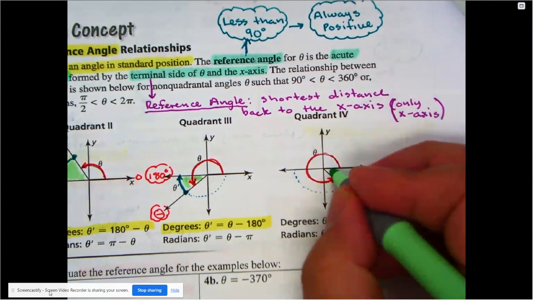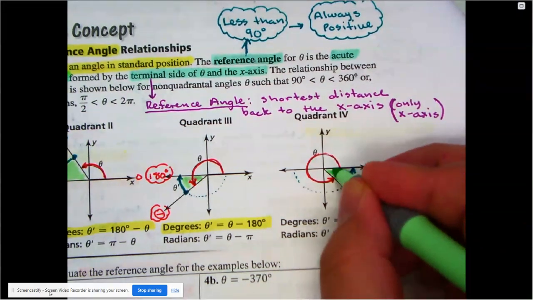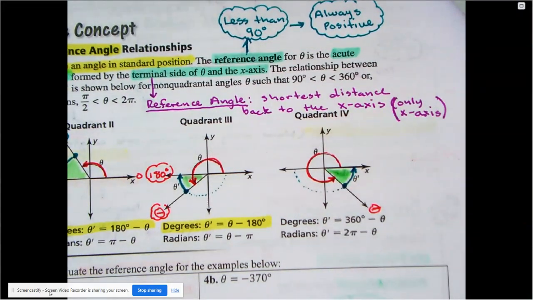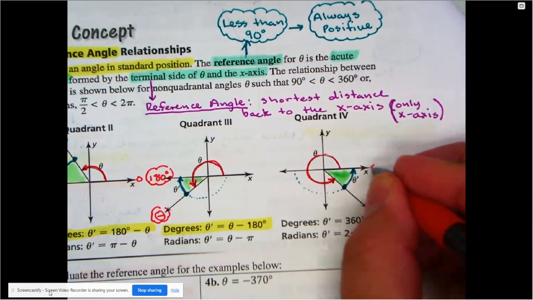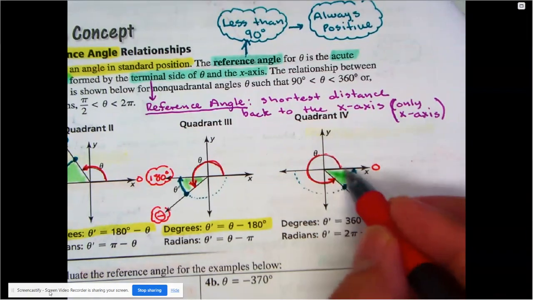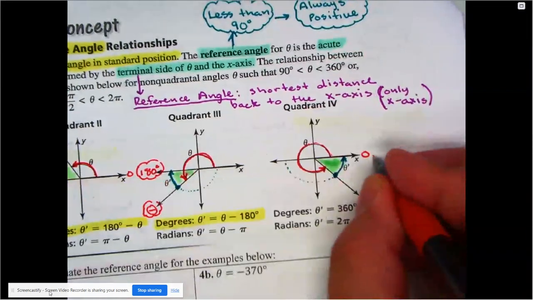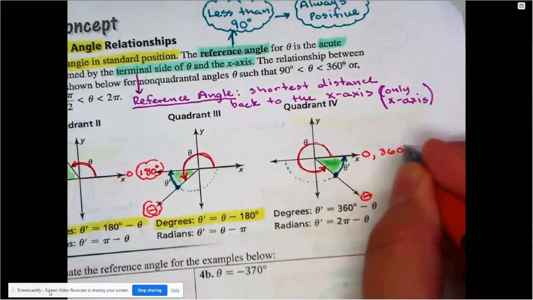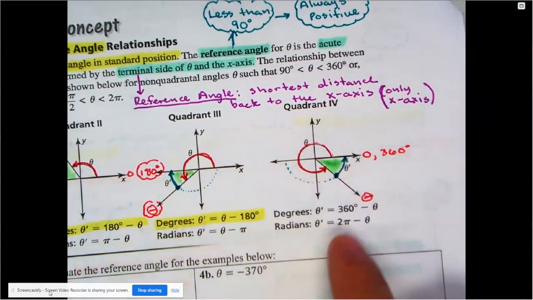You always go back to the x-axis, never the y-axis. Yes, I have to say that kind of loud because sometimes people forget. So the question is, well, am I using 0? No, 0 is way too far, right? 0 is where I started. This is where the 360 comes in. And again, another reason why it's important to know these numbers.